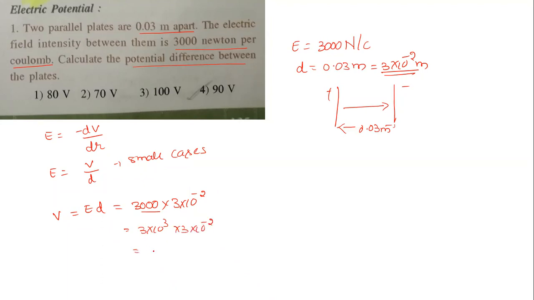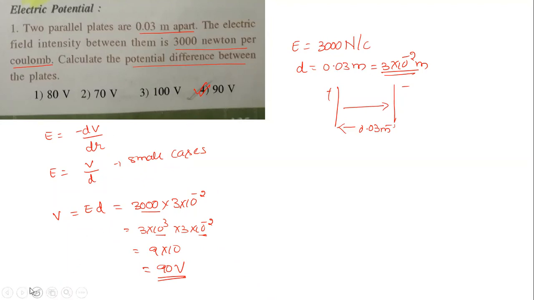It will become 3 into 3, 9 into 10, because 10 power minus 3 plus 3 minus 2 gives 10. It will become 90 volt. So which option is correct, students? Fourth option is correct. This is a case of electric potential between them.